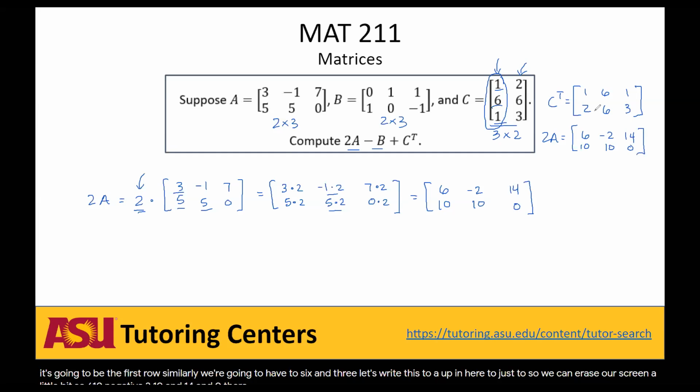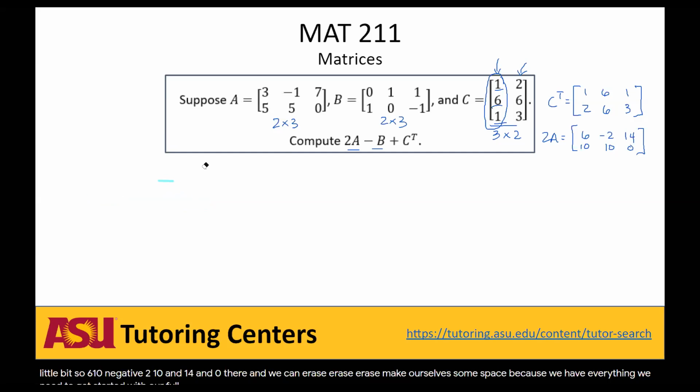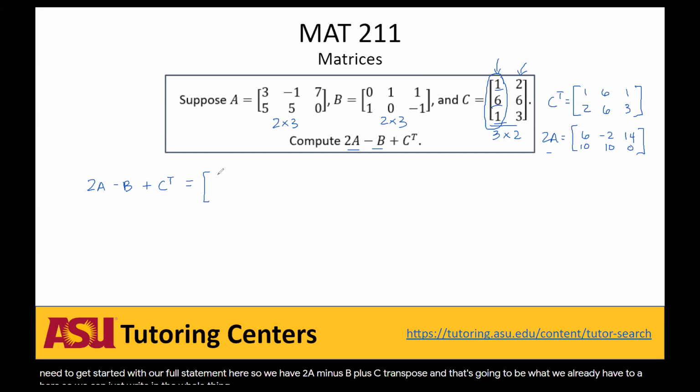We can erase and make ourselves some space, because we have everything we need to get started with our full statement here. So we have 2A minus B plus C transpose. We already have 2A here, so we can just write in the whole thing: 6, 10, negative 2, 10, 14, and 0.